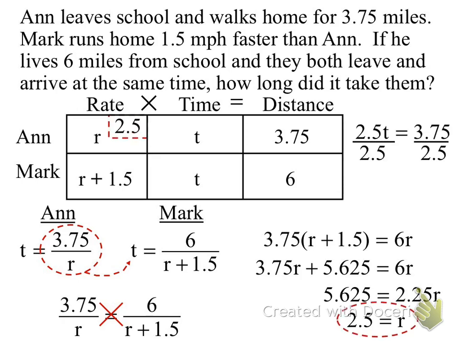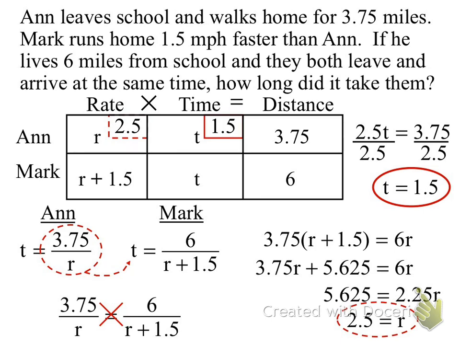Okay, questions? Yes, but it's asking you for the time. So you have the ability to find your time. Now we have to go back: how long did it take them? Their time is the same. Once I find R, I don't even have to find Mark's rate.